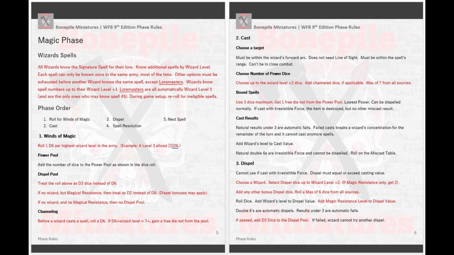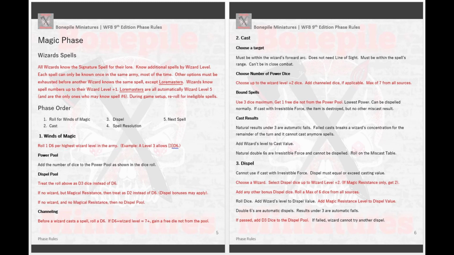Under the Wizard Spells heading, it says, all wizards know the signature spell for their lore, and they know additional spells by their wizard level. To me it just makes sense that if a spell is the signature spell, everyone who knows the lore should know it. And then all wizards build off of that one as they learn new spells.